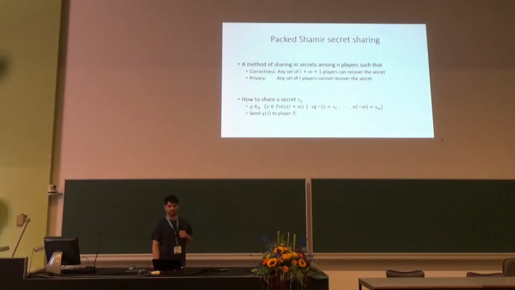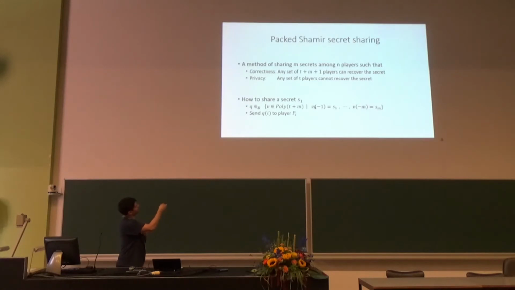And of course, we can also pack multiple secrets using a packed version of Shamir secret sharing. So instead of just sharing a single value, you can share a vector of values. The idea is that you take the points -1 up to -m, and those will encode the polynomial, and you sample a random polynomial that passes through these values at -1 to -m.